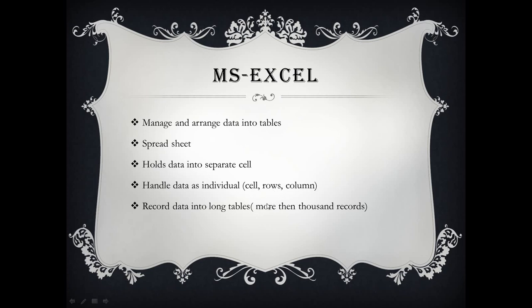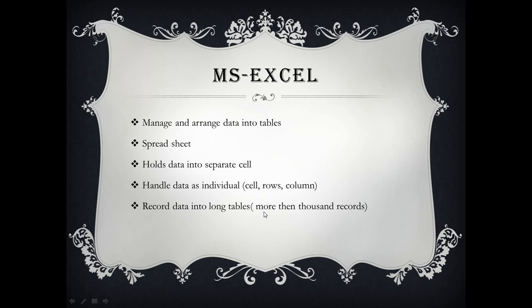Okay, now the question is this: if I can design a table in MS Word, why am I using MS Excel for that? The answer is that MS Excel enables us to record thousands of data within one file. That is not possible in your MS Word files, as MS Word is a combination of different pages.